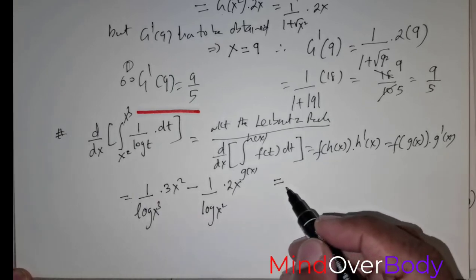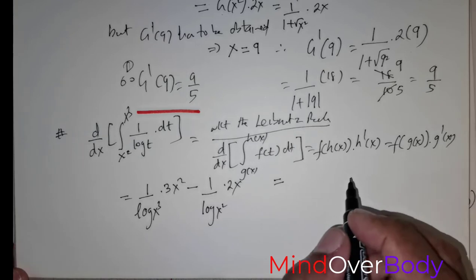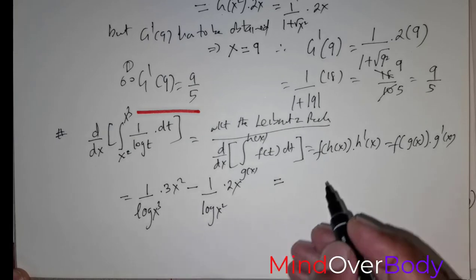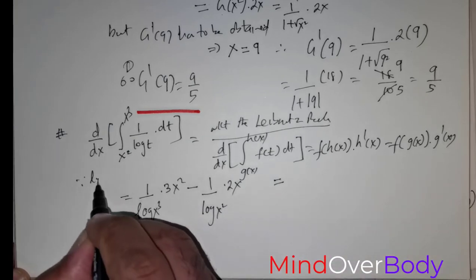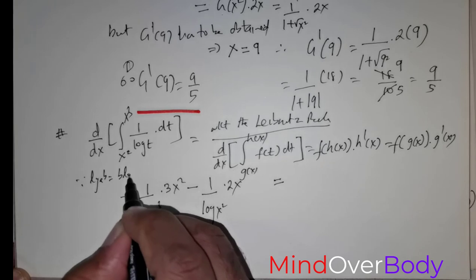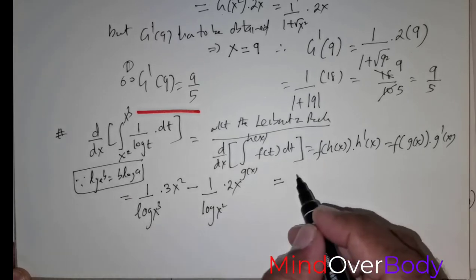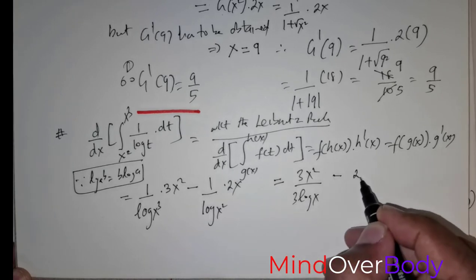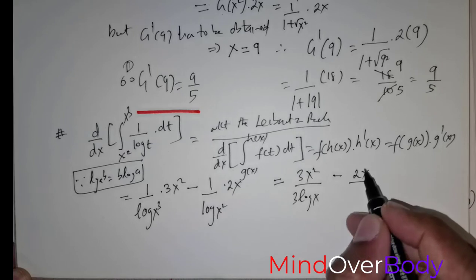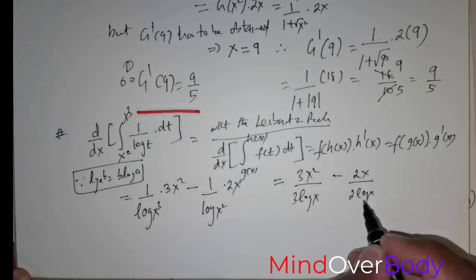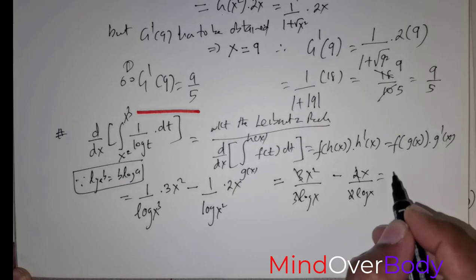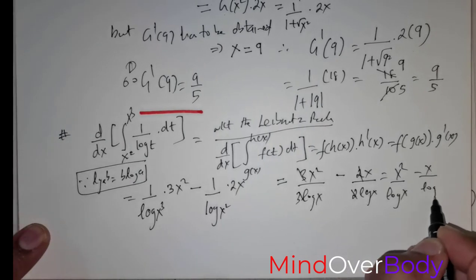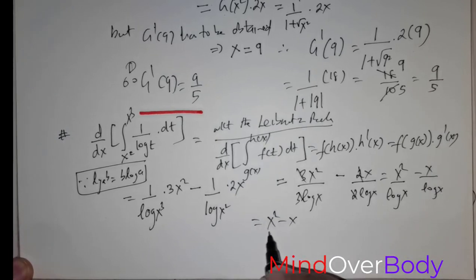So this can be rewritten in the following fashion. I can apply the formula: since log a raised to the power of b is equal to b times log a, I can rewrite this as 3 times x squared divided by 3 times log x negative 2 times x over 2 times log x. 2 can be cancelled, 3 can be cancelled, giving me x squared over log x negative x over log x, which is equal to x squared negative x divided by log x.